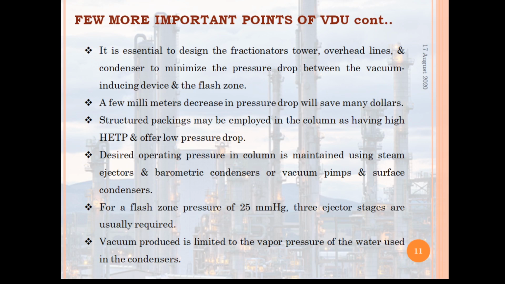If we reduce the pressure drop, we can reduce the tower diameter. A few millimeters decrease in pressure drop will save many dollars, because if the pressure drop is decreased, the diameter of the column also decreases. Structured packings may be employed in the column as they have low HETP, and offer low pressure drop.